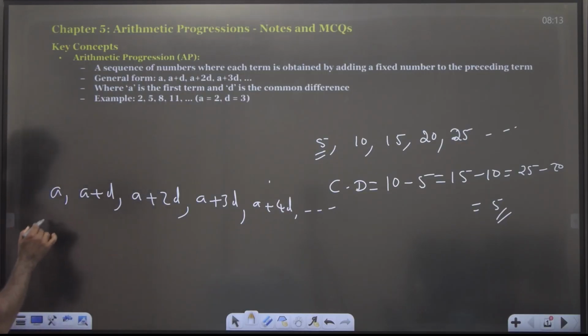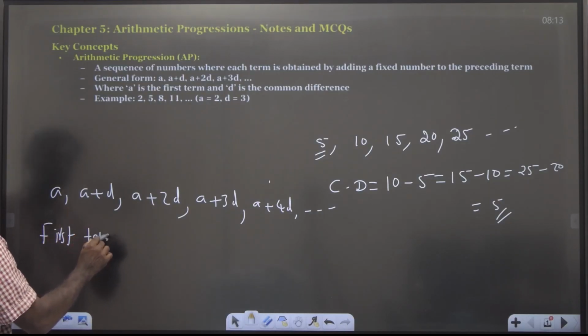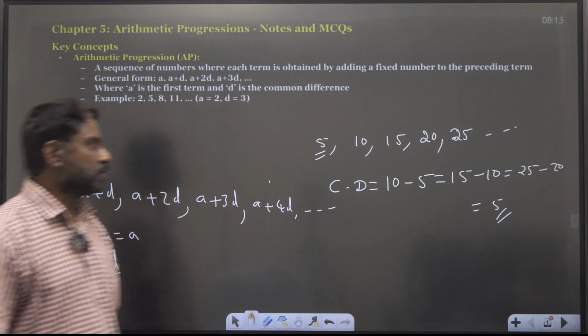Here a is the first term, and the common difference is equal to d.